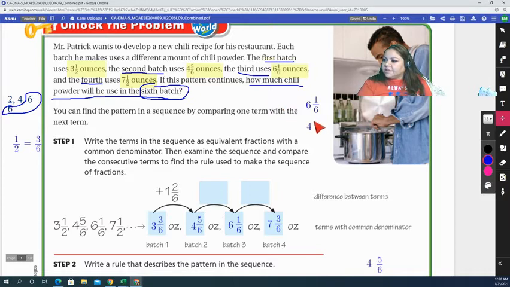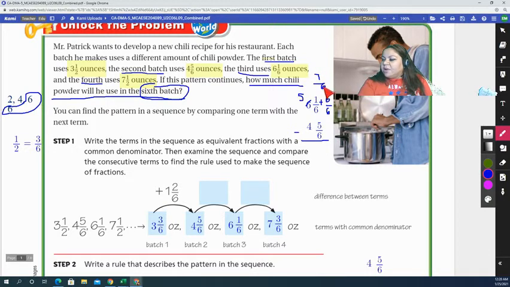and 5/6. And on this one, we're going to apply what we learned last week, or the previous lesson, I should say, where we're going to have to rename. The reason we have to rename is because 5 is bigger than 1. So we're going to have to regroup or rename the 6, make it into a 5, and add that whole to the fraction so that I'm adding 6 over 6. So now I'm subtracting 7 over 6.